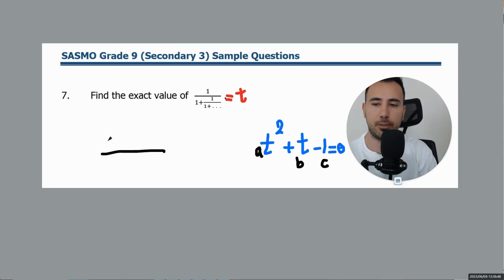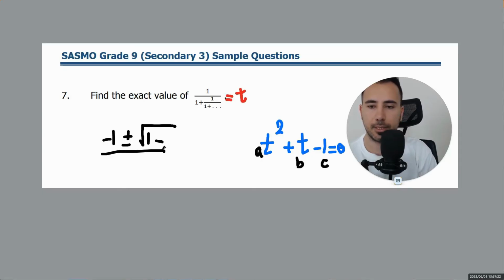So now the left term is going to be negative B. B is 1, negative B is negative 1, plus minus square root of, wait a second, B squared, 1 minus 4AC. A is 1 and C is negative 1.